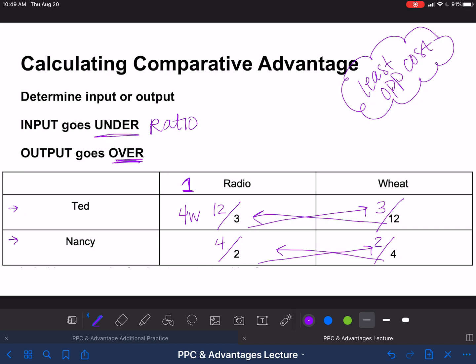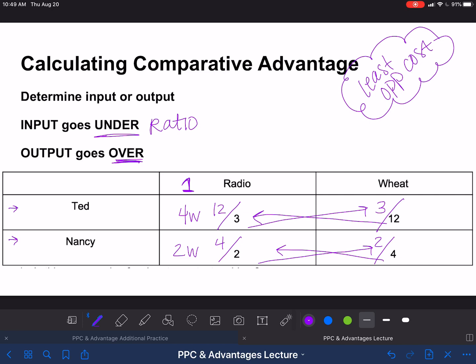And then what about Nancy? So 4 over 2 is 2. So when Nancy makes 1 radio, she gives up 2 wheats. So every time Nancy decides to make a radio, she is losing 2 wheats to that radio. So between Ted and Nancy, who has the least opportunity cost to make 1 radio?